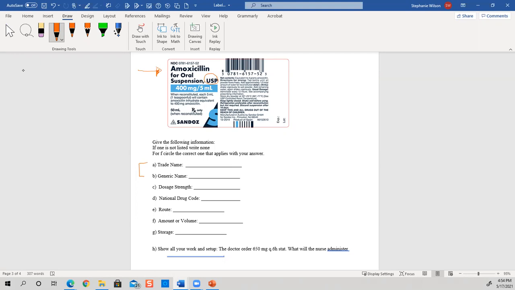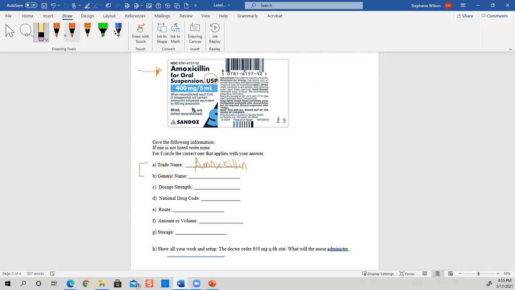We are not the nursing program or the health program. So on this question, I won't be as strict about it, other than what's the name of this drug? Well, it's amoxicillin. If I was to give you a doctor's order to give the patient some penicillin and the pharmacy gave you amoxicillin, you need to know that this was the penicillin, it is just amoxicillin.